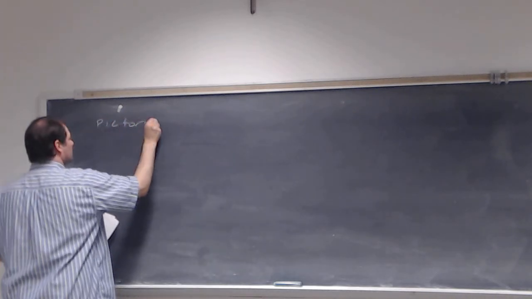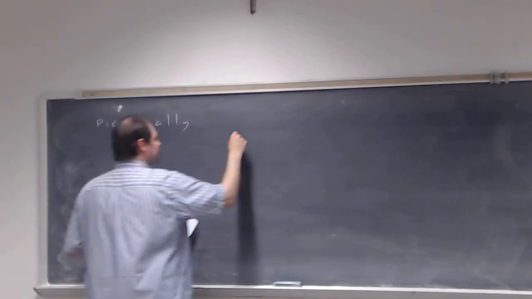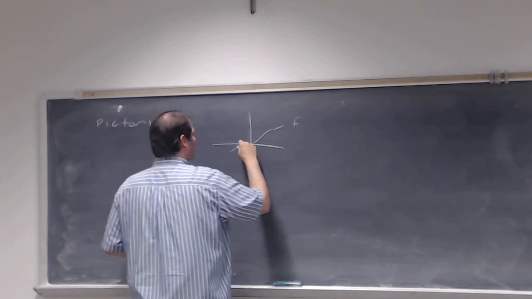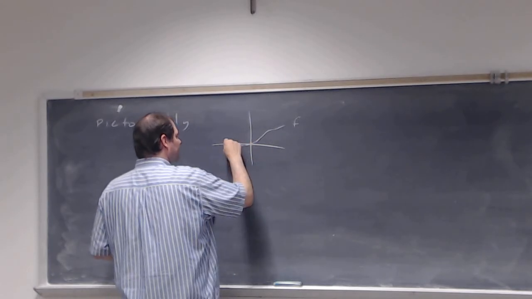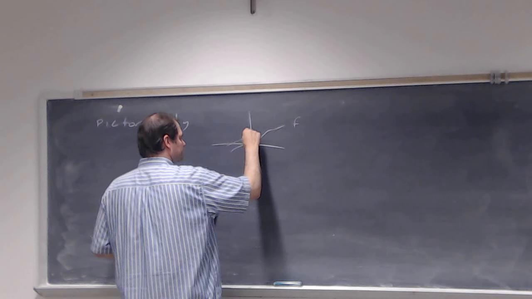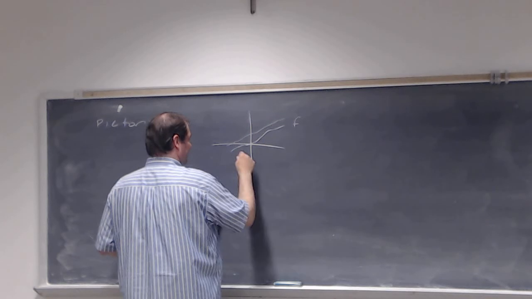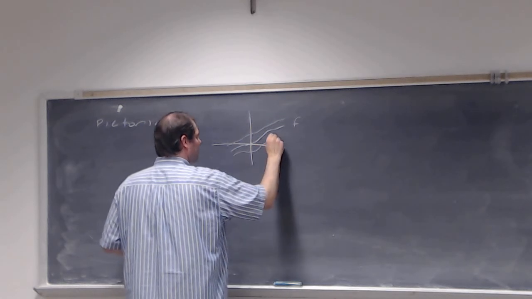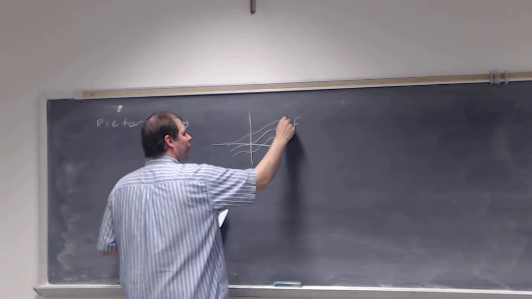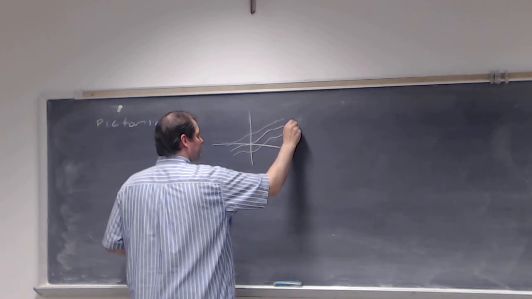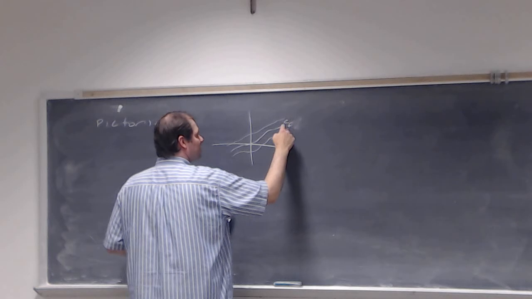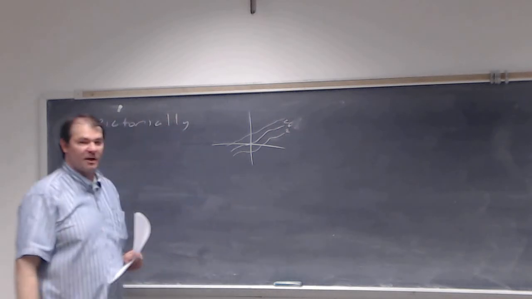So pictorially, if this is the x and y axis, and let's say this is our f, then we form some band, if you will. If this is my f in the middle, the width above is epsilon, f plus epsilon, and the width below is epsilon units below f, so f minus epsilon.